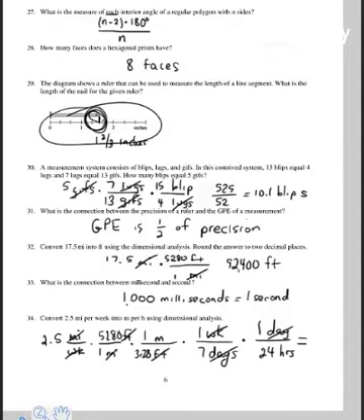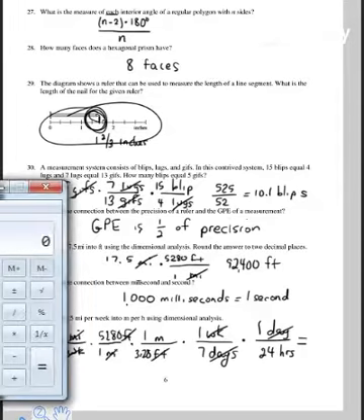So if we multiply all the values in the numerator, we have 2.5 times 5,280. That's 13,200. To multiply all the values in the denominator, we've got 3.28 multiplied by 7 multiplied by 24.